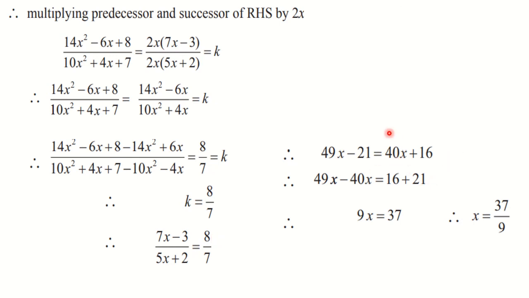Then you have to equate the like terms. So 40x is shifted to the left hand side, so 49x minus 40x, and this minus 21 is shifted to the right hand side, so 16 plus 21. So what we got? 9x is equal to 37, and therefore x is equal to 37 upon 9.